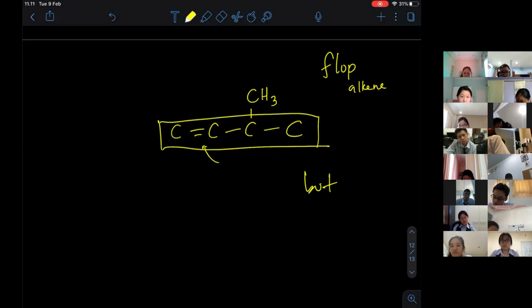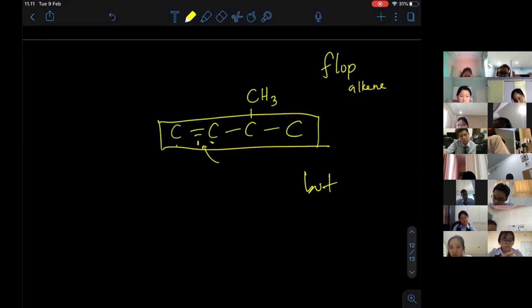Now for alkene, numbering is slightly different, because the double bond is between two carbons. So you cannot say this is 1, this is 2. Only for alkene, you number it according to the space or the line. So how do I number?